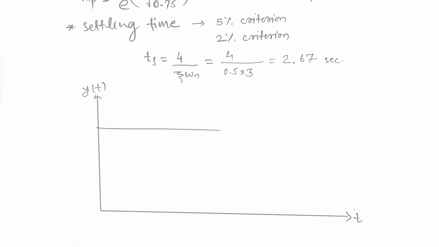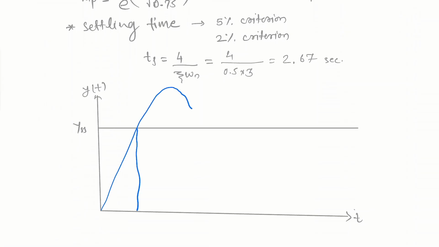So if we draw this and say this was the steady state value, this is the rise time, we are reaching here in 0.8 seconds. This is the peak time, we are reaching here in 1.2 seconds.